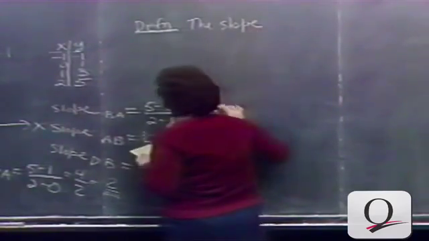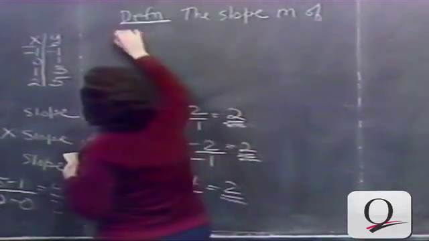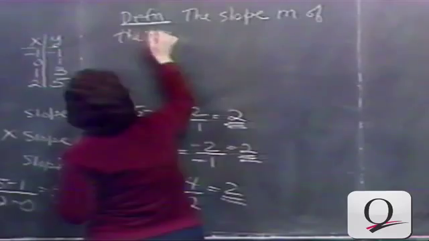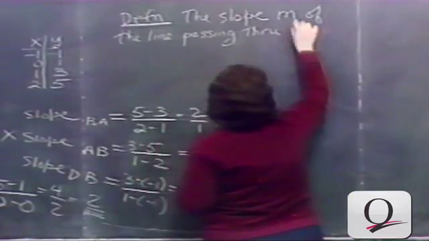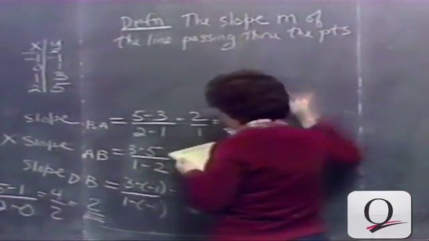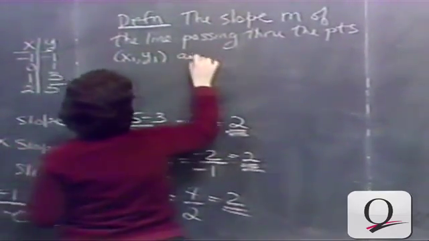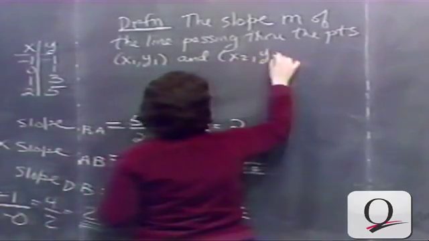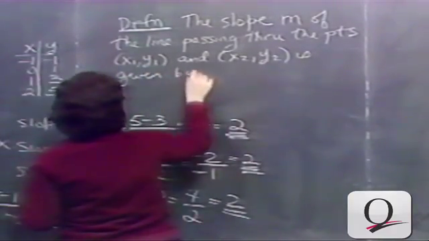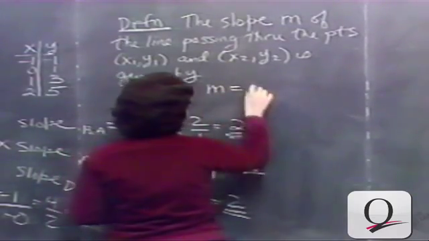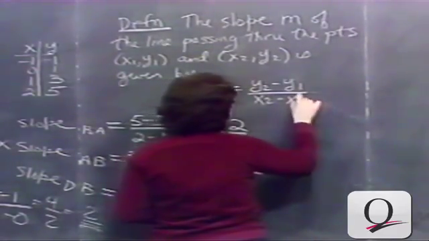The slope, and we usually designate it by the letter m, the slope m of the line passing through the points (x1, y1) and (x2, y2) is given by the following formula. m is equal to y2 minus y1 over x2 minus x1.